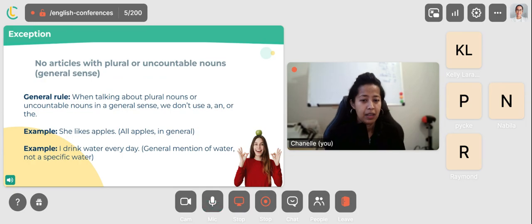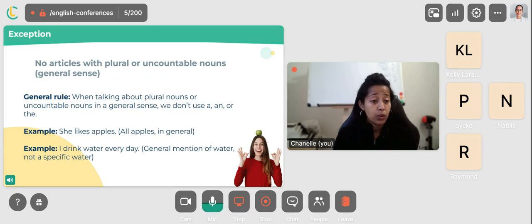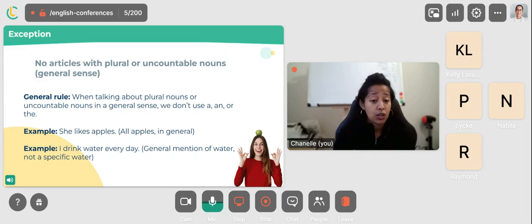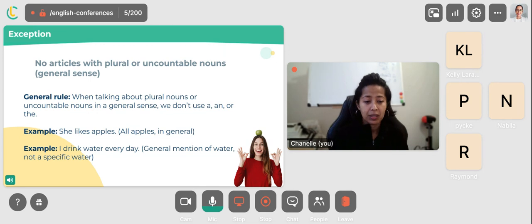So, we have no articles with plural or uncountable nouns. This is our little exception. With a general rule, when talking about plural nouns or uncountable nouns in a general sense, we don't use a, an, or the.